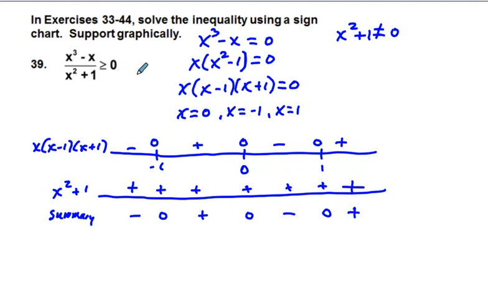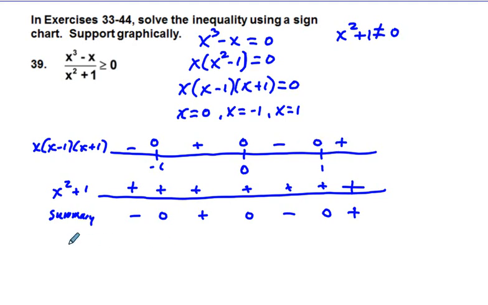So we're trying to find where the function's value is greater than or equal to 0. Well, it's going to be here between -1 and 0, including the 0 because of the equal to, and also greater than 1.